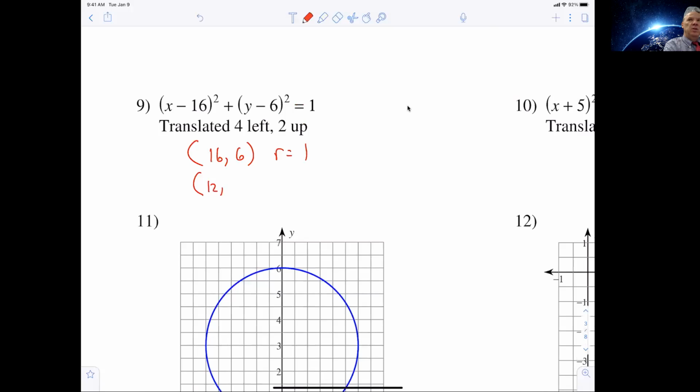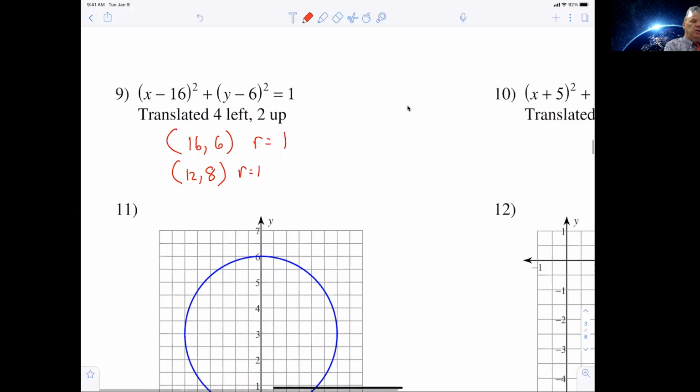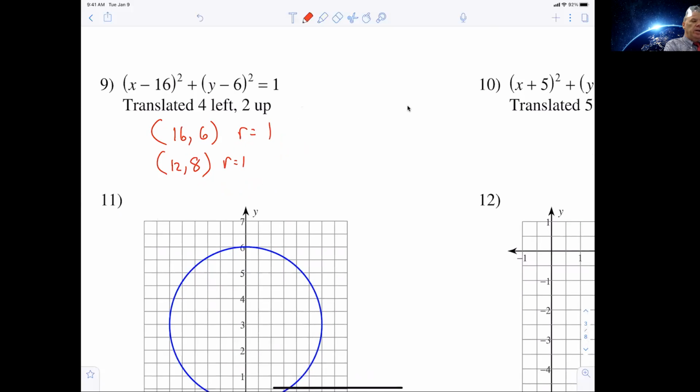And then if I move it up 2, it's going to be 8. Now, does the radius change? No, now come on. All right, try to stay with me and tell me you're okay with 12/8. Does anybody have any issues with 12/8? All right, so now let's rewrite the equation. So what would the equation be?